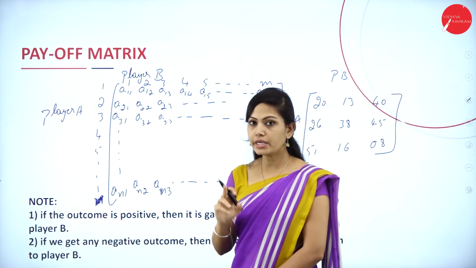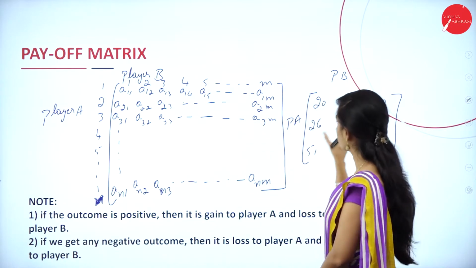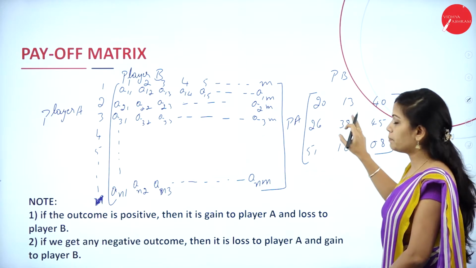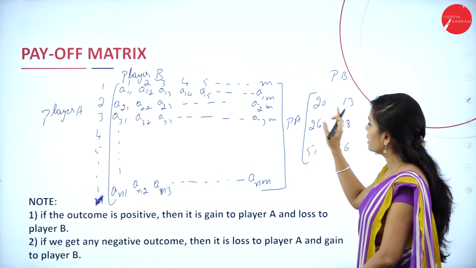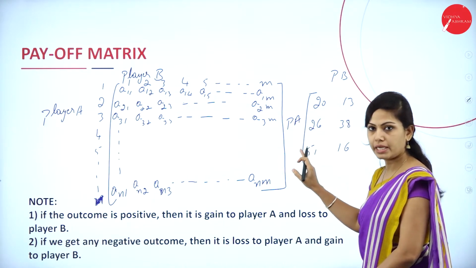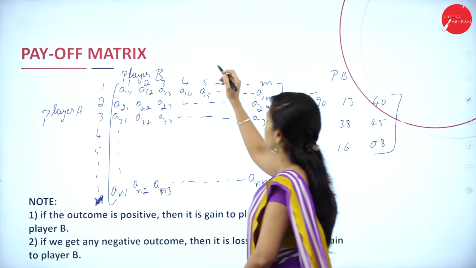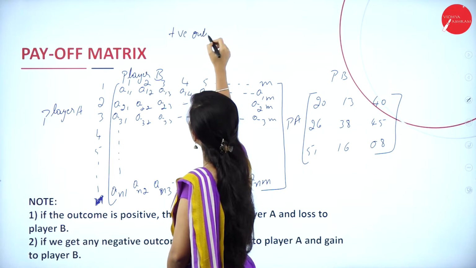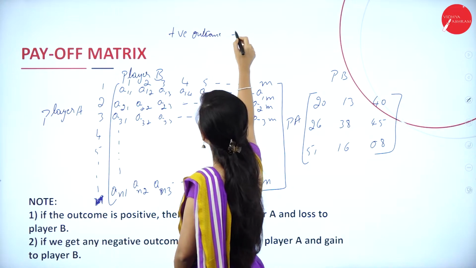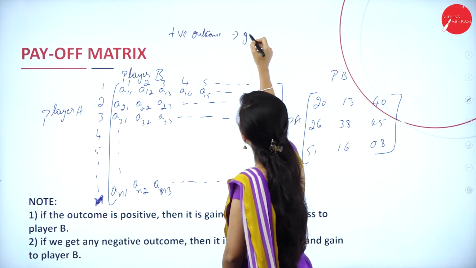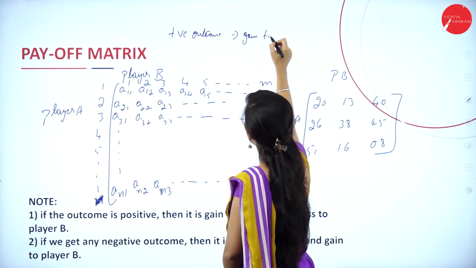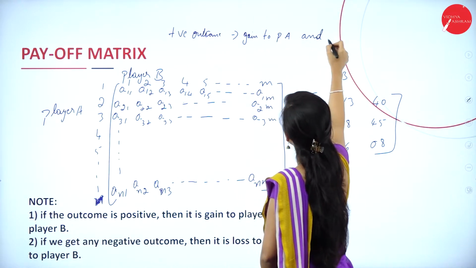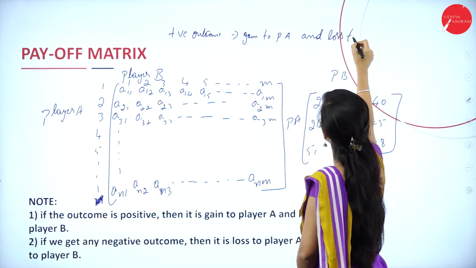Note, if you get any positive outcome, then it is gain to player A and loss to player B.